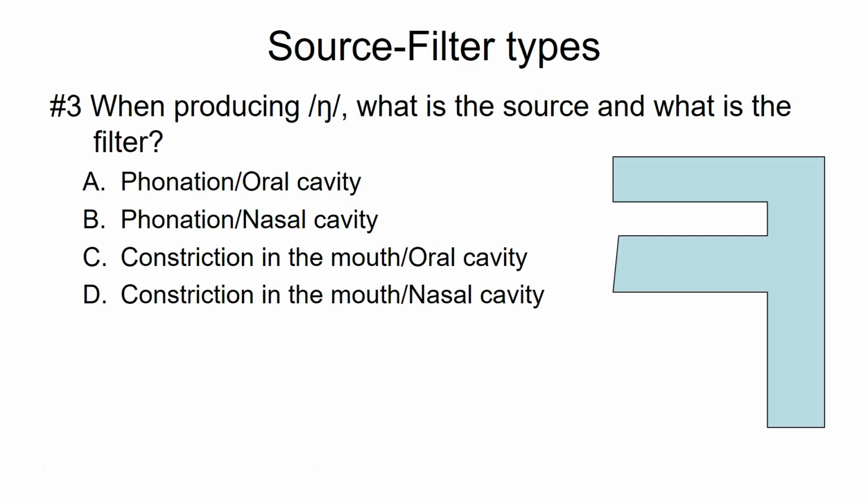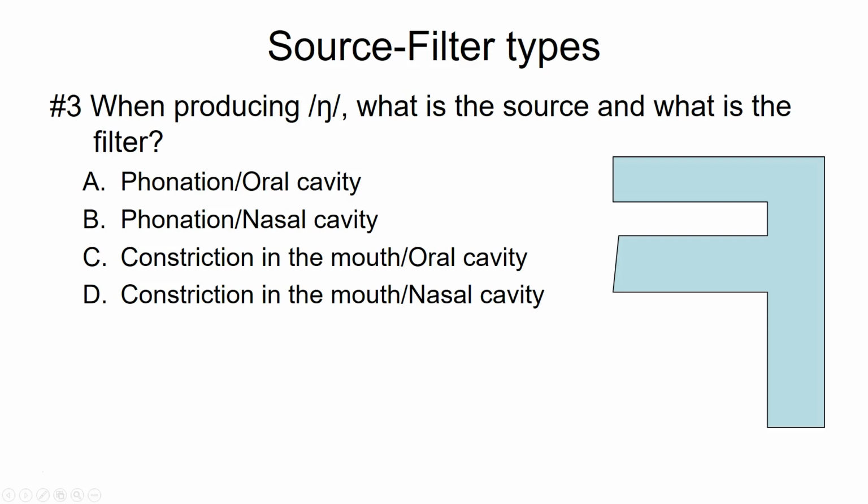For our nasal type sounds, including the ng shown here, or an n or an m sound, we do have phonation taking place, vibration of the vocal folds, but what makes these sounds special is that they're nasal sounds, and so the resonation goes through the nasal cavity rather than the oral cavity.